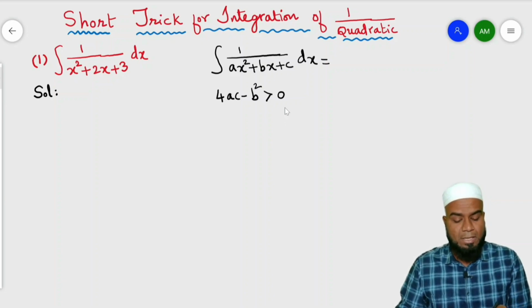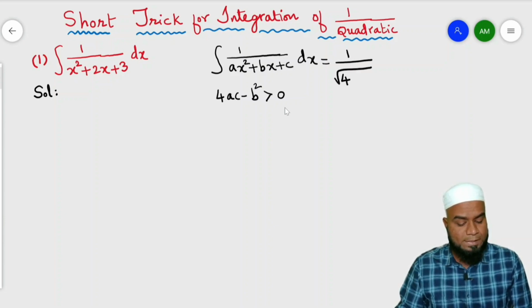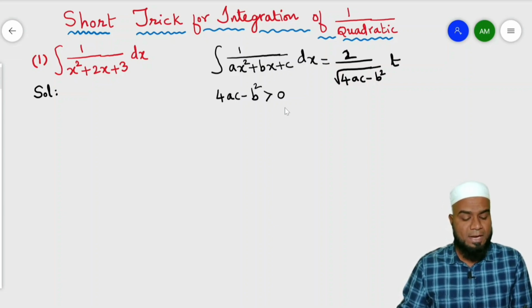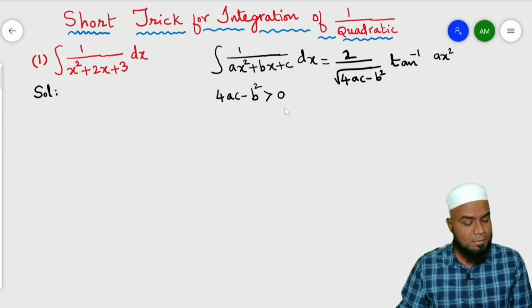If it is positive, then the value of this integral is given by 2 upon square root of 4ac minus b square tan inverse of the derivative of ax square plus bx plus c, and in the denominator again square root of 4ac minus b square, right.